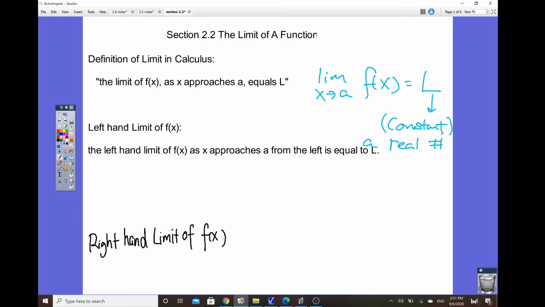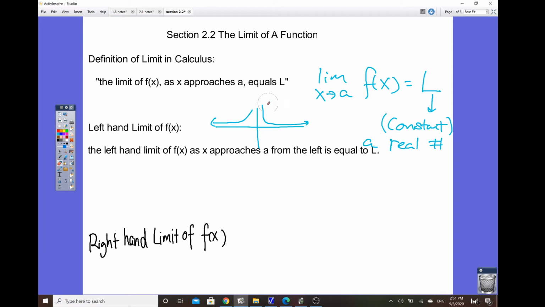Now what about the definition of a left-hand limit of f of x? Let's say we have a graph, kind of like a volcano. The left-hand limit of f of x as x approaches a from the left is equal to L. Instead of making the volcano, let's just connect this.